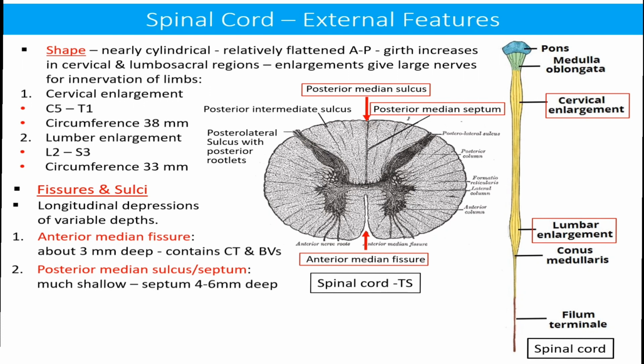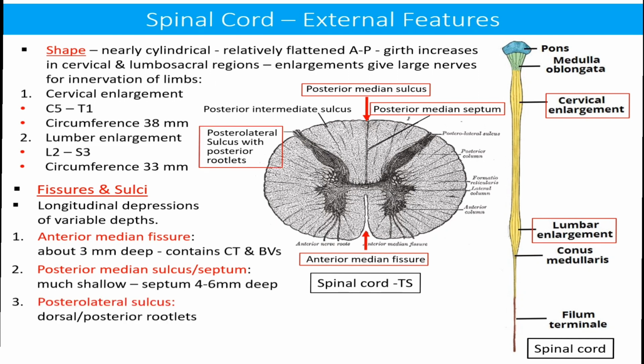Second is posterior median sulcus and septum. This sulcus is much shallower and from its depth a septum extends anteriorly, which is named as posterior median septum, and it goes roughly 4 to 6 millimeters deep.